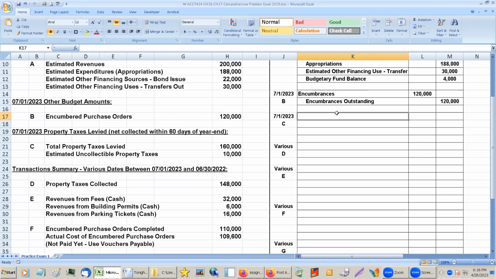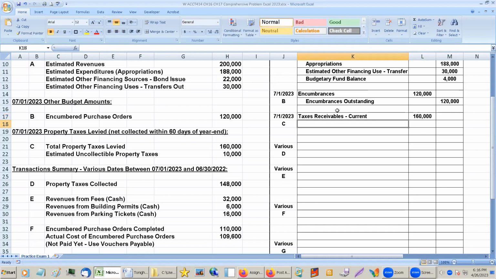Is that what we use, property tax receivables, for the 160? And usually we put those in as current, but on the test, we just put tax receivable, that's fine. What was it, 160?